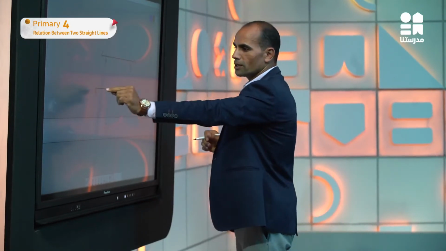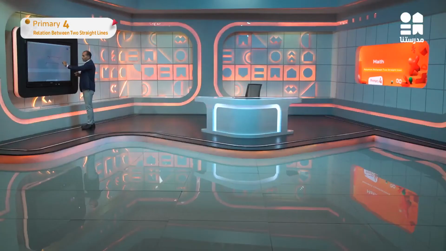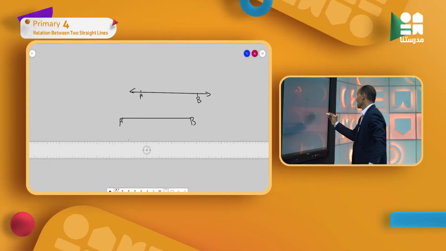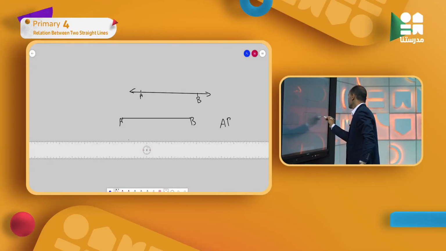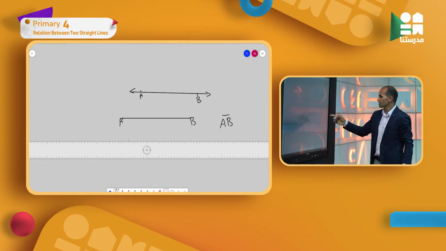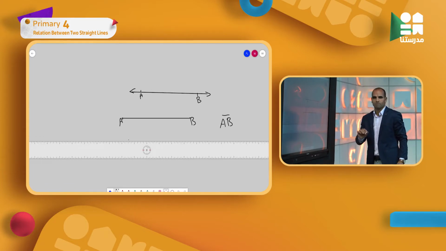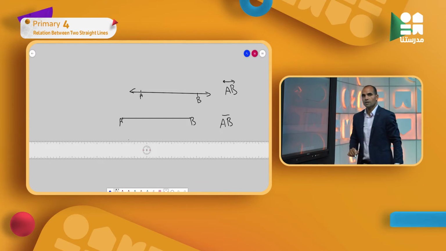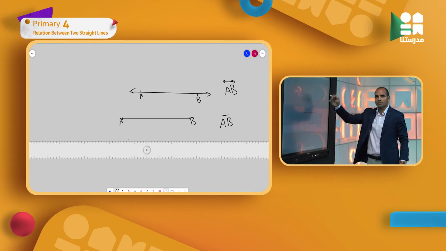If we start from here, we will end here, and when we start here, we will end at A. So A and B are called 2 end points, and we write AB line segment like this. So this is the difference between the straight line and the line segment.